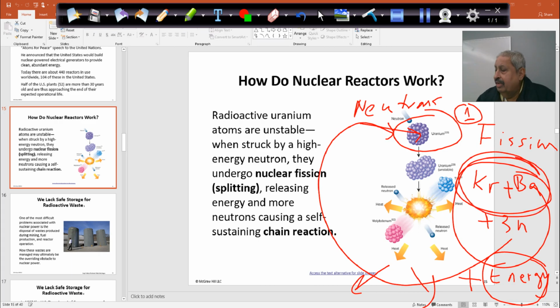Those are very highly radioactive, and in order to transform them into harmless elements, they have to decay according to their half-life until they reach their last stage, which is lead, and then they will be harmless. So the disadvantage of the fission method, bombarding a radioactive element and getting energy out of it, is how to deal with the nuclear waste coming out of this reaction.